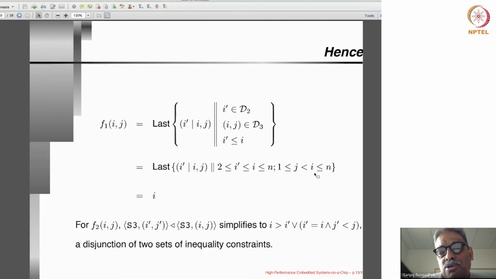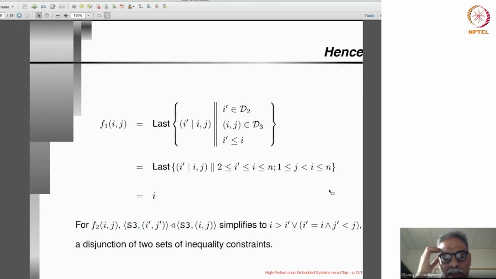And the last one is the last point in a line segment, and it happens to be one of the vertices of this line segment. And the vertex of that line segment is I. If you draw this out visually, you will see that. What you have obtained is that the answer F1 is a function of I, and you got it that way because you treated Ij as parameters.